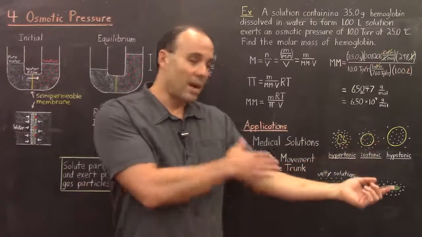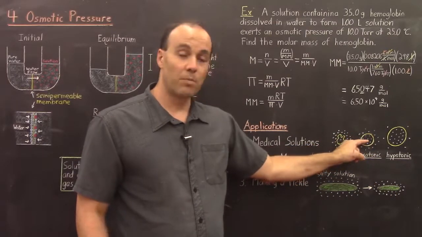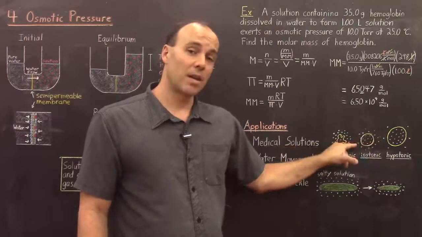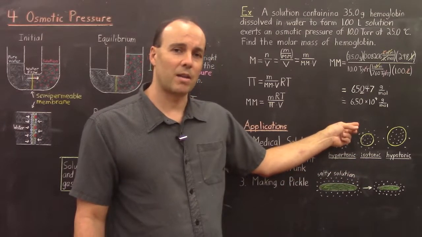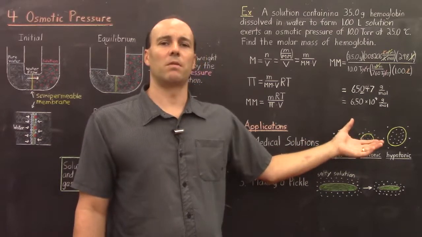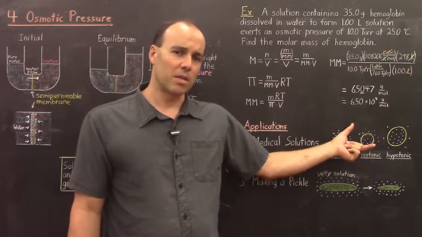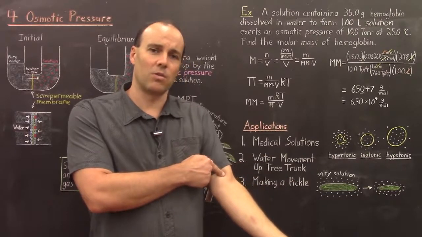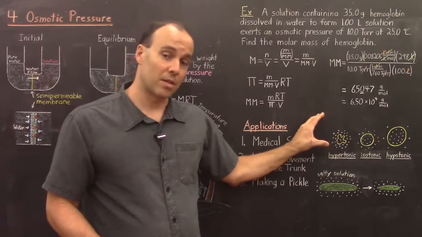And you can imagine cells in the body, in the bloodstream, they have solute particles inside the cell, and there are also solute particles outside the cell. And if the concentration of solute outside is similar to what's inside, then there is no osmotic pressure involved here. And so the cell will maintain its size. But suppose a nurse were to inject a very salty or saline solution, and the concentration of solute is more outside the cell.